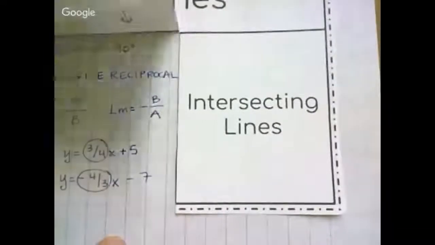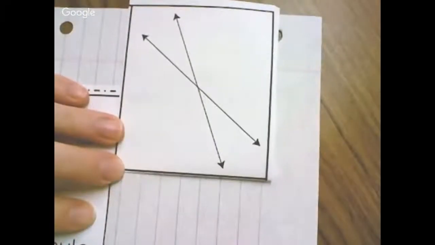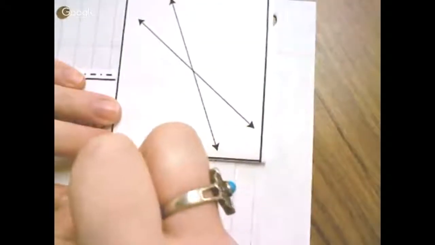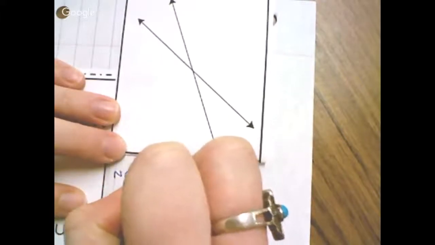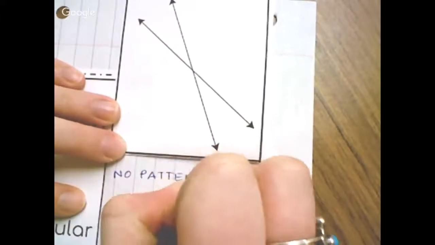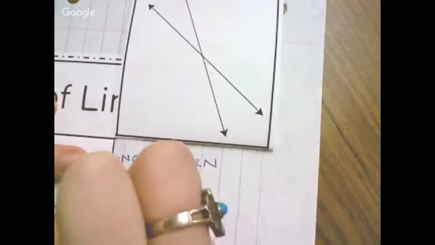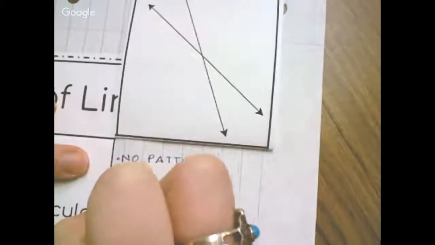And then my last one, intersecting lines. These are lines that just cross. There's no general pattern. Which means that they just have different slopes.